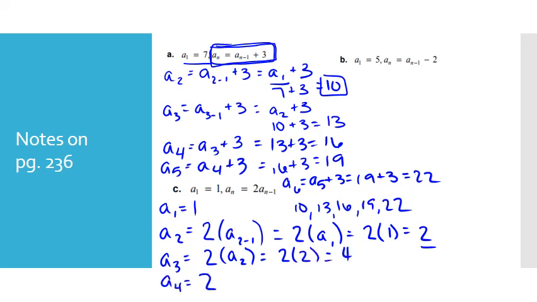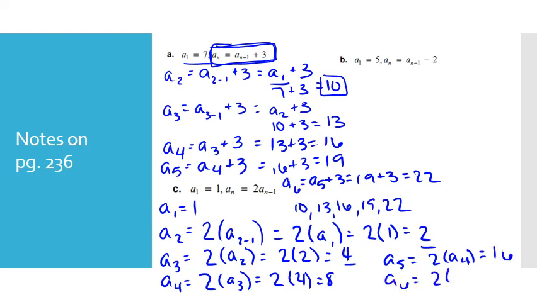A sub 4 would be 2 times a sub 3, so it'll be 2 times 4, which is 8. A sub 5 would be 2 times a sub 4, which is 16. And a sub 6 would be 2 times a sub 5, which is 32. Okay, so again, that's how you list the first 6 terms.